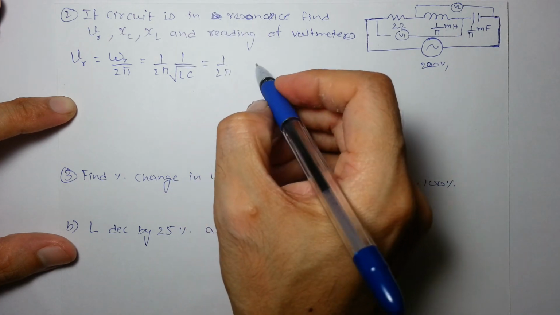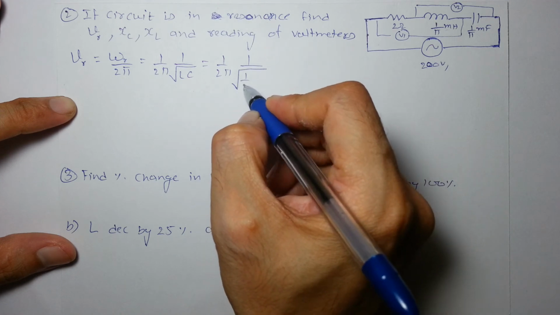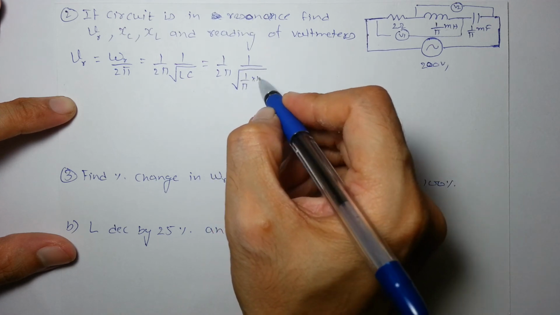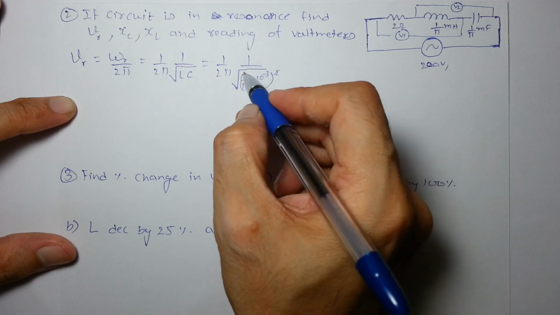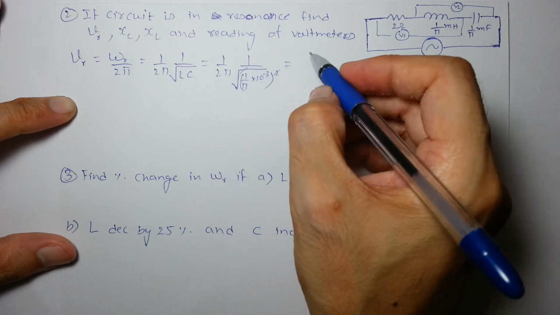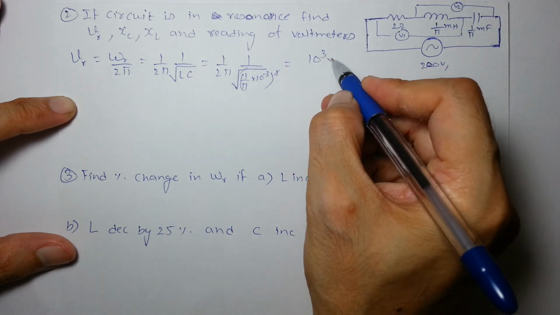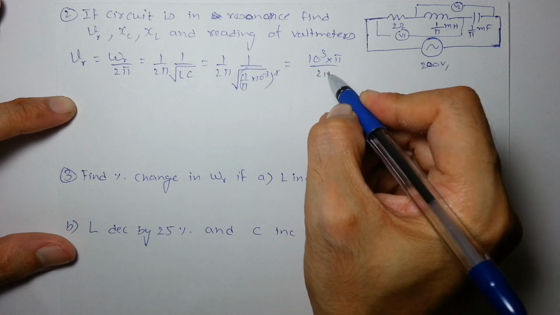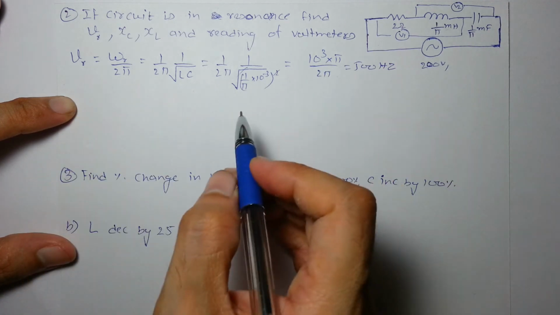So it will be root of 1 by pi into 10 to the power minus 3 whole square. So root will cancel the square and we will be left with 10 to the power 3 into pi by 2 pi. So that is 500 Hertz. So the resonating frequency is 500 Hertz.